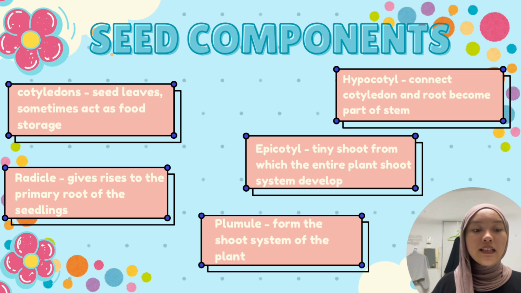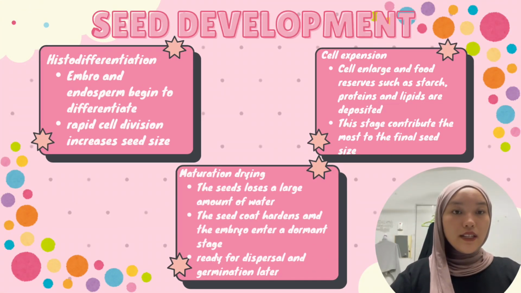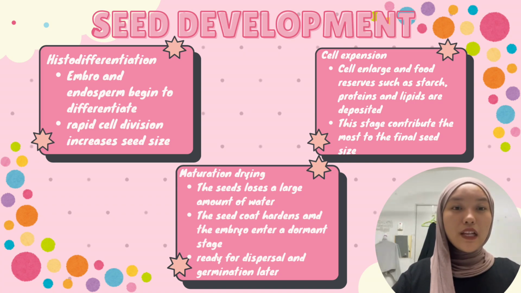And the last one is a plumule. Plumule forms the shoot system of the plant, consisting of the first true leaf and the growing point that will develop into the above ground parts of the plant. So now, we are moving to the seed development phase. It has 3 phases.